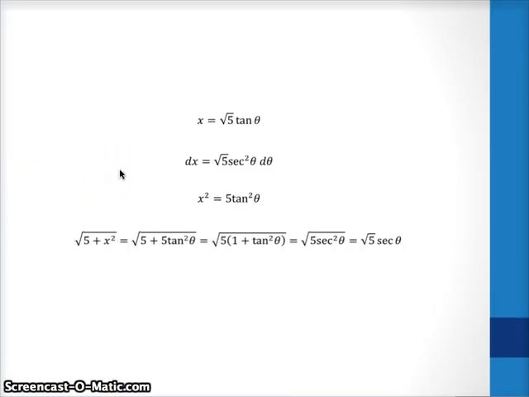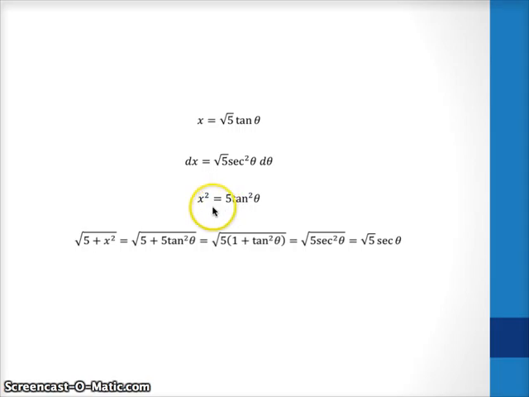So we know that x equals square root of 5 times tangent theta, and that means dx, or the derivative of x, equals square root of 5 secant squared theta d theta. And then x squared equals 5 tangent squared theta.